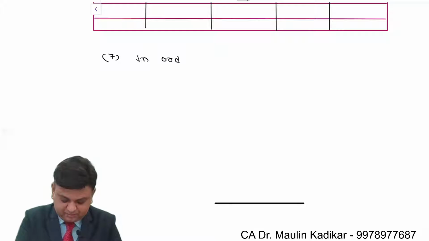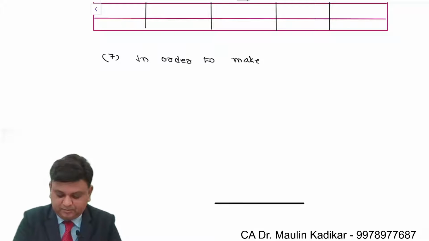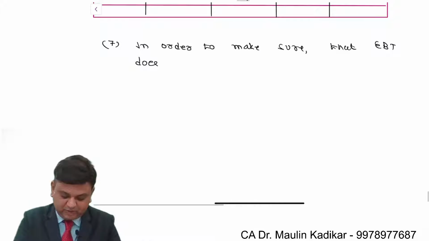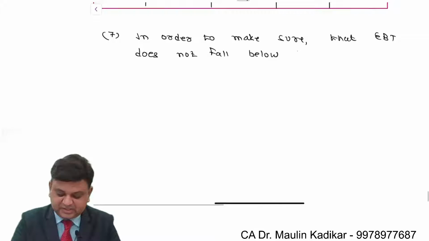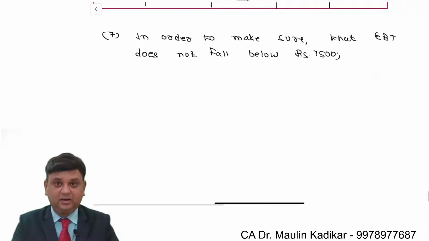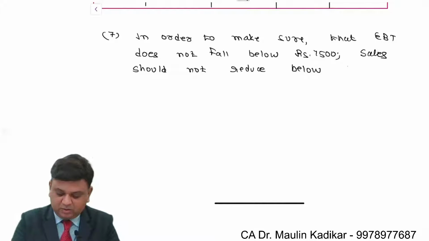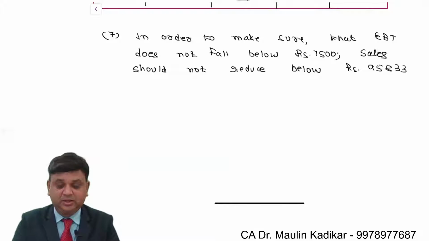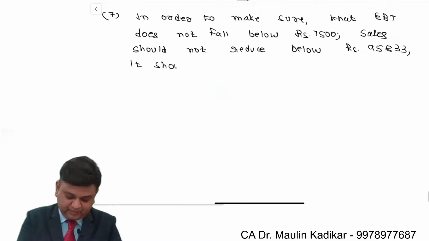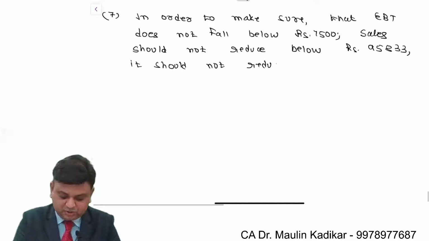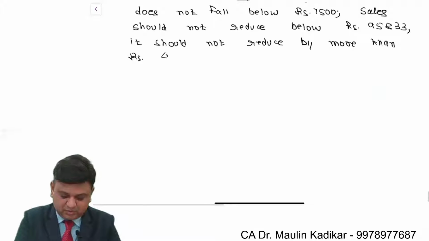In order to make sure, comma, that EBT does not fall below rupees 7,500, comma, sales should not reduce below rupees 95,833, comma, it should not reduce by more than rupees 4,167.